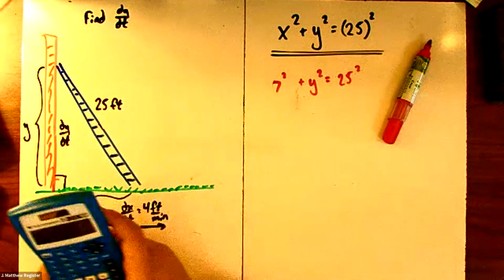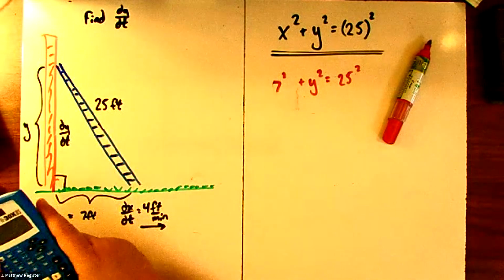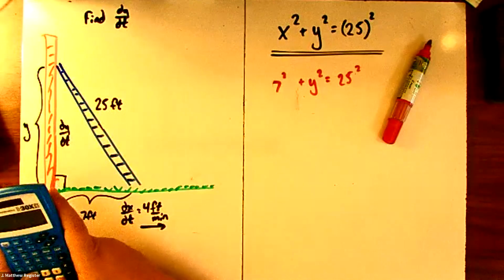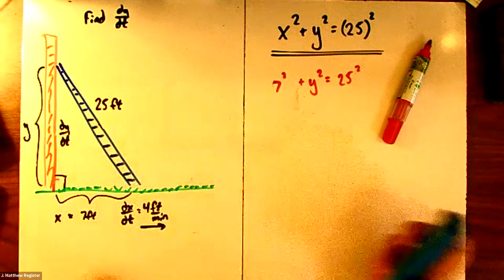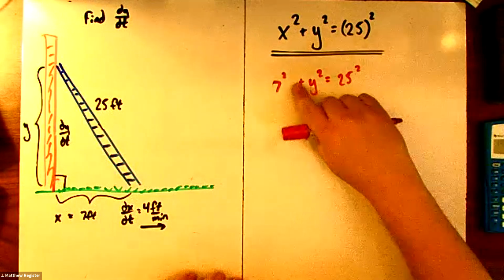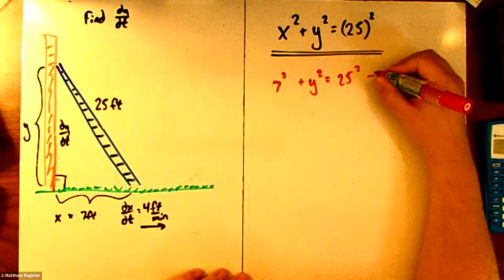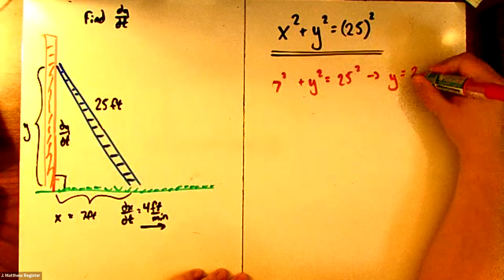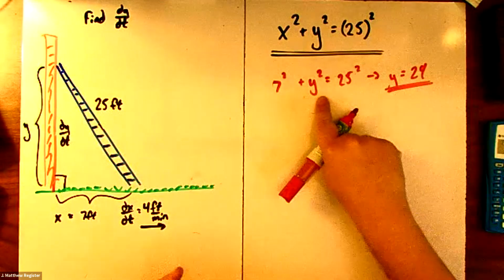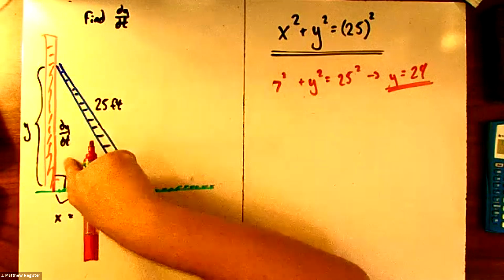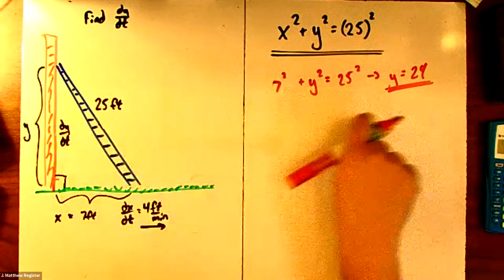I'm guessing that's going to give us a 24. But just to check, the square root of 576 is 24. And so we end up getting that y is 24. Note, technically, y would be plus or minus 24, but given the context of the problem, it's a positive 24.